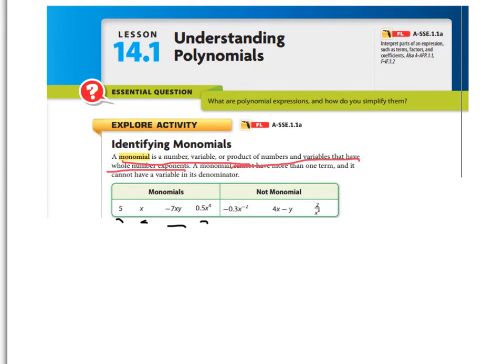The number 5 by itself, the letter x by itself, negative 7xy, since that's all being multiplied, 0.5x to the 4th, that exponent's positive, so we're good there. But as soon as we have negative exponents, or plus or minus sign, which means it's more than one term, or a variable in the denominator, those are not monomials.